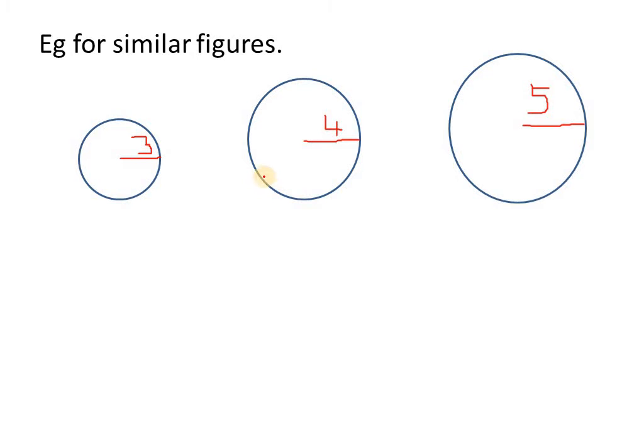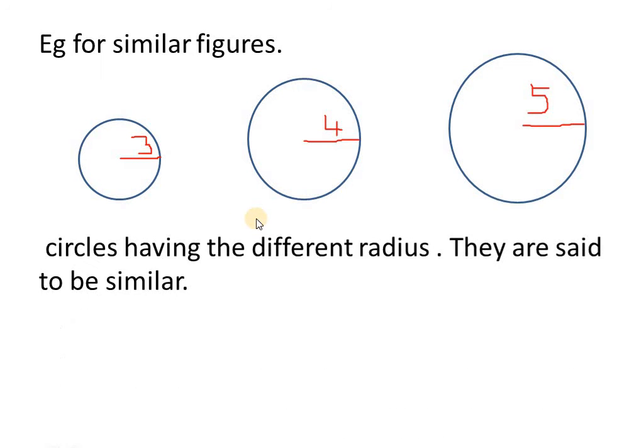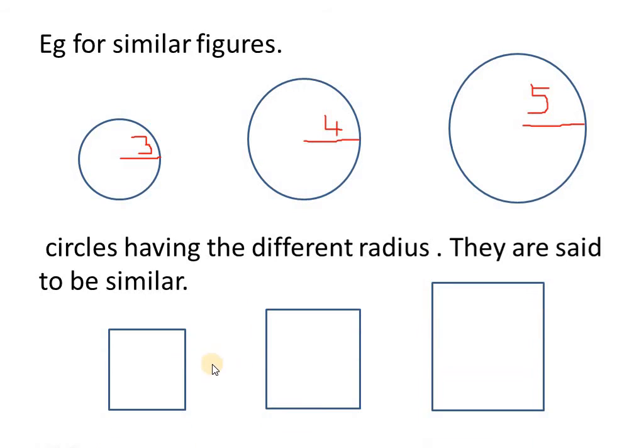So these figures are said to be similar figures. Circles having different radii are similar. Let us see squares. The sides of the first, second, and third squares are different.